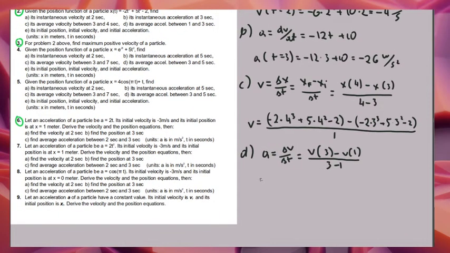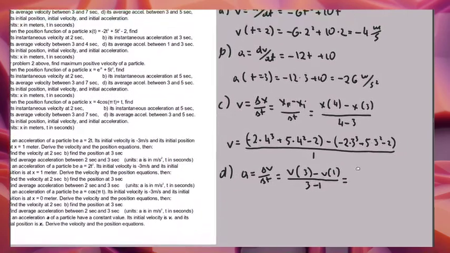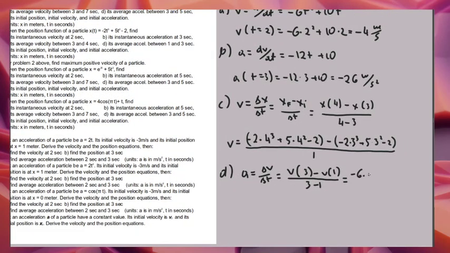The velocity at 3 seconds is minus 6 times 3 squared plus 10 times 3, minus, open parentheses, minus 6 times 1 squared plus 10 times 1.